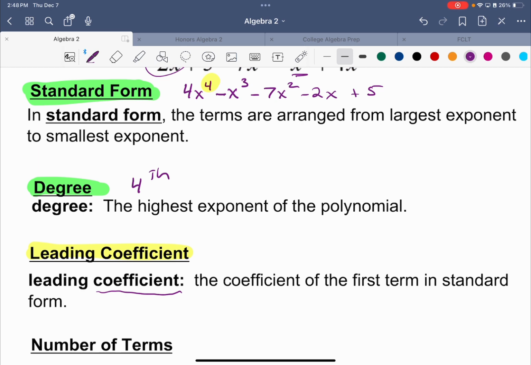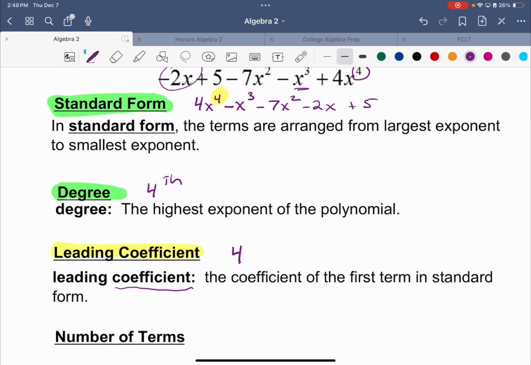So it's the first number that you see when it's in standard form, and it has to be in standard form in order to find the leading coefficient. In our case, the first number that we see is 4 as well. Just happens to be 4. So it's a 4th degree with a leading coefficient of 4.